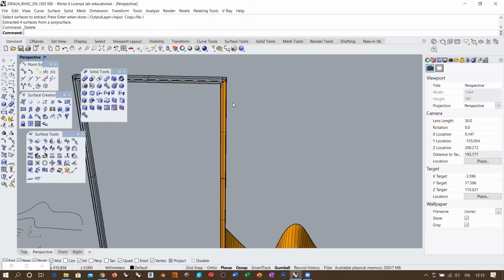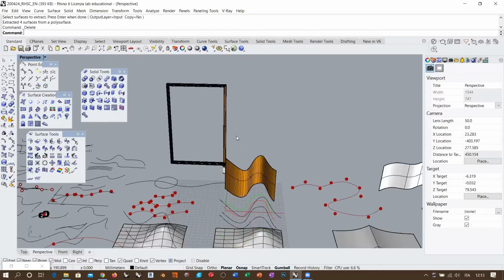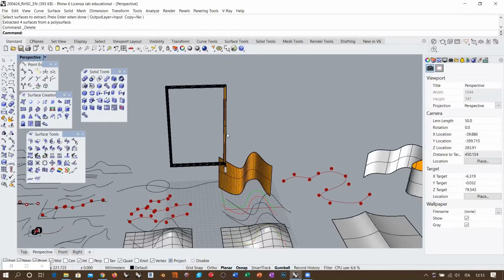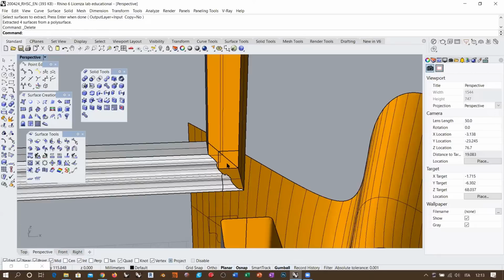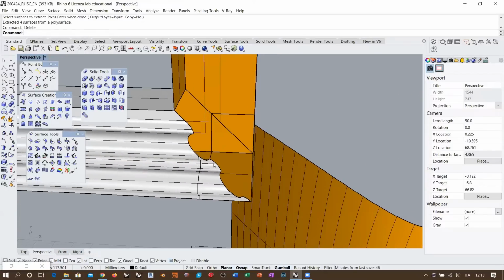And now, how can I rebuild this whole side of this frame with one single operation? Well, what I need to do is make a surface between this section here at the bottom and the upper section, because I have straight lines here at the sides, so a loft is enough.